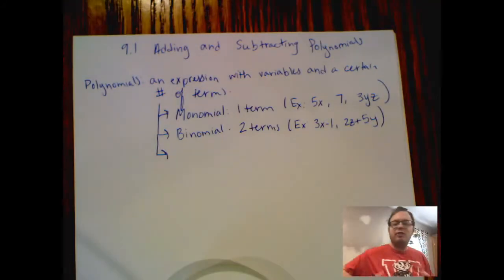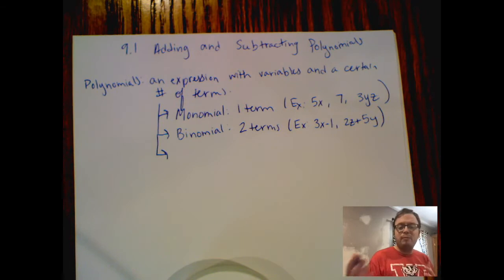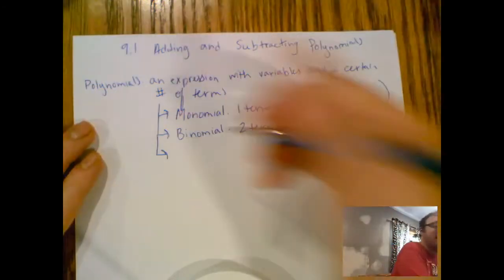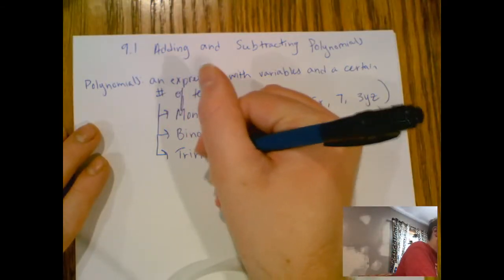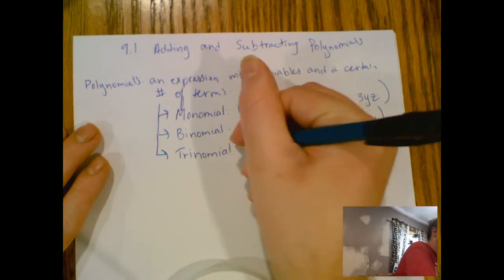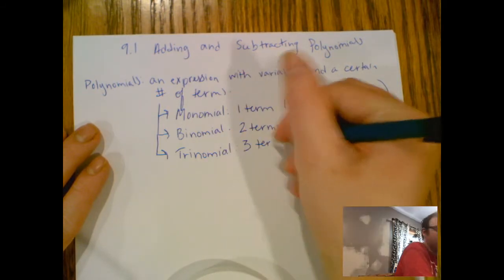If you think about it, it makes sense, because mono means one in math, bi means two in math, and three in math is kind of based off of the triangle. This is called a trinomial. Tri means three. This is going to be three terms.